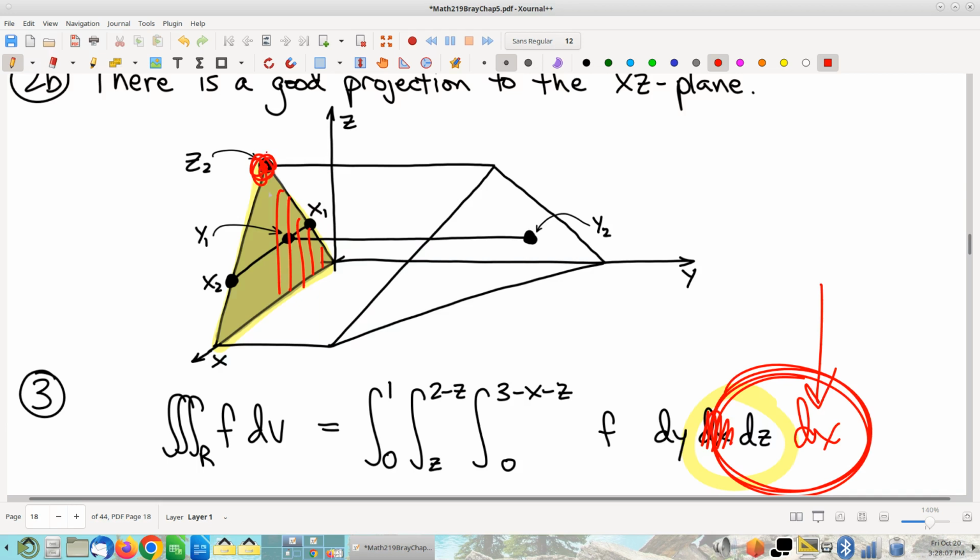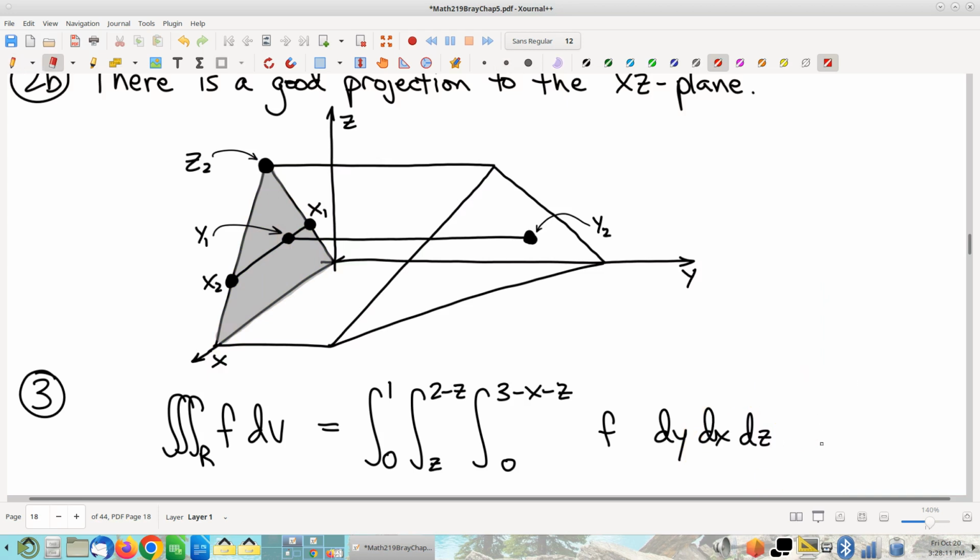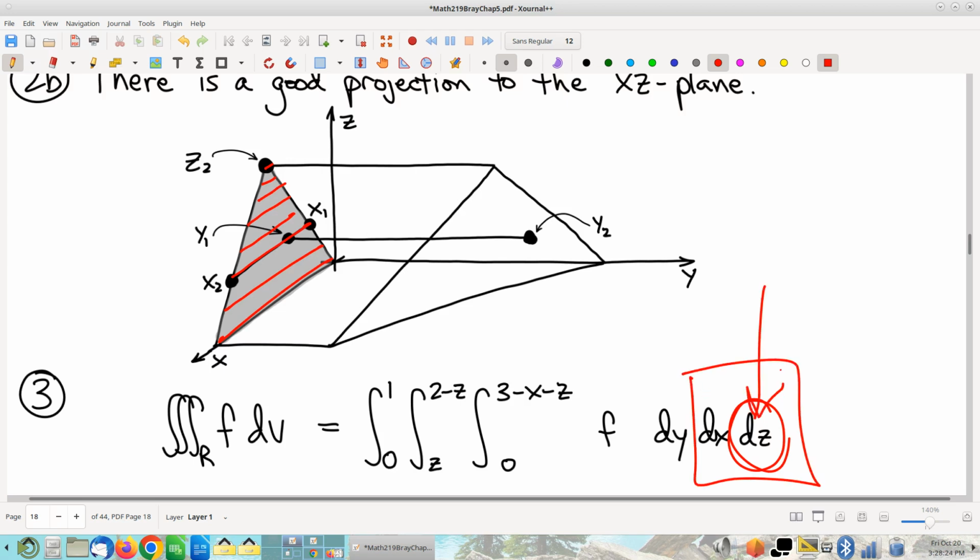But very importantly, I'm not, right? I am, in fact, doing dz slices. First, my z slices look like this, and I don't hit any corners until the end when I'm done anyway. Yeah, so that's the argument for why specifically I want dz there on the outside. Everybody good with that?